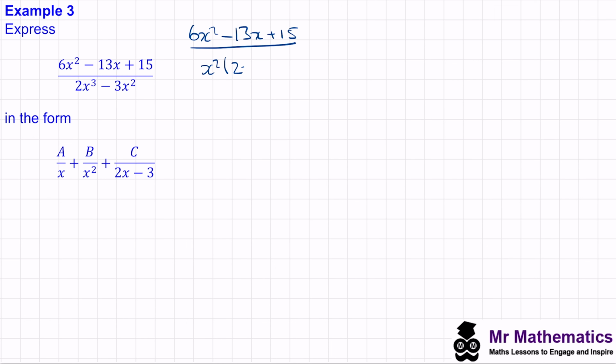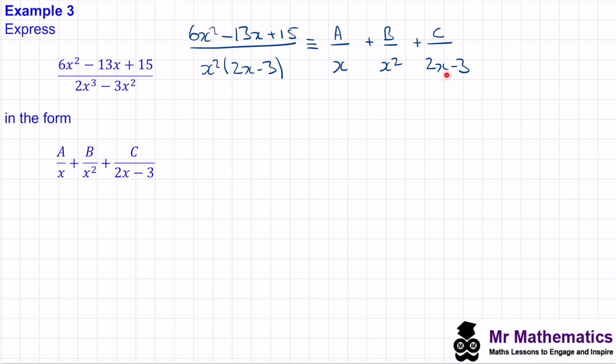So we're left with 2x minus 3. So this will be identical to a constant a over the x term plus a constant b over the repeated linear factor, so x squared, plus a constant c over 2x minus 3.